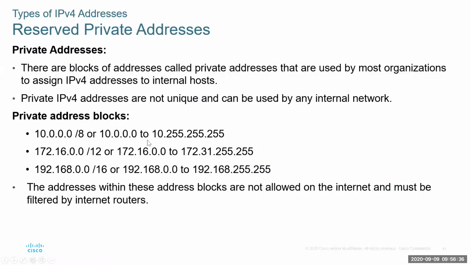Okay, so here's your private address space. This is going to be your 10 network on a /8, commonly used. When you're using a /12 or something like that, they're going to use 172.16 or 172.16.0.0 all the way up to 172.31. So you can use any of that in between there.